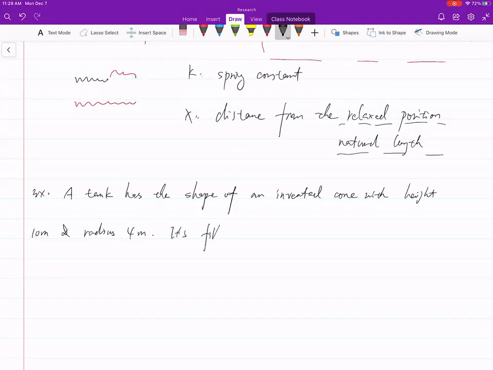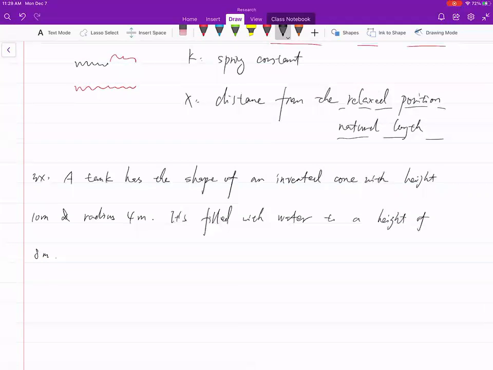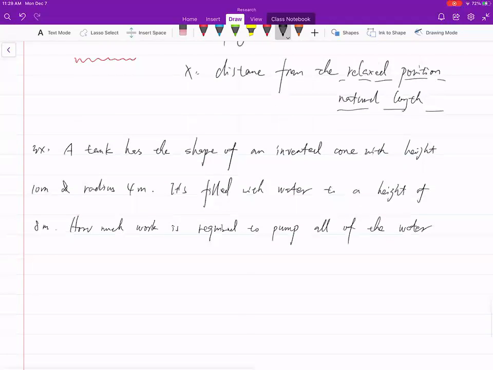It's filled with water to a height of 8 meters. How much work is required to pump all of the water to the top of the tank?